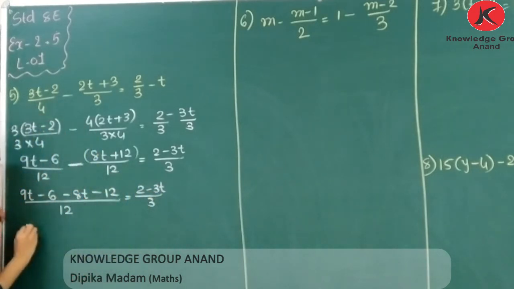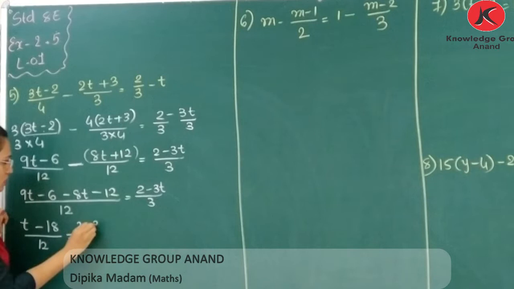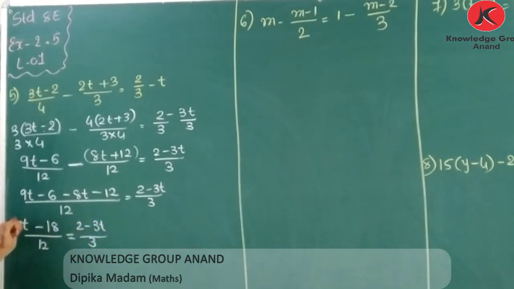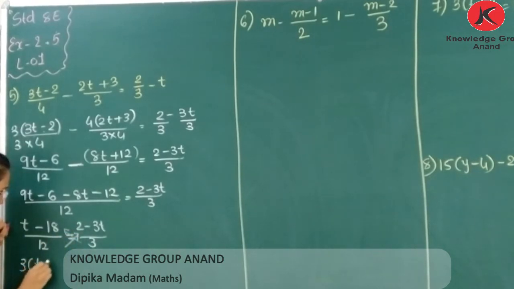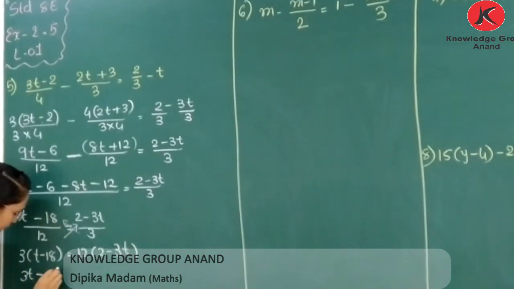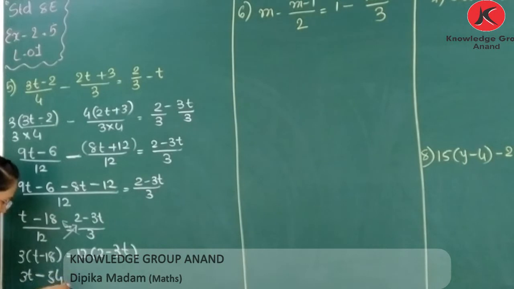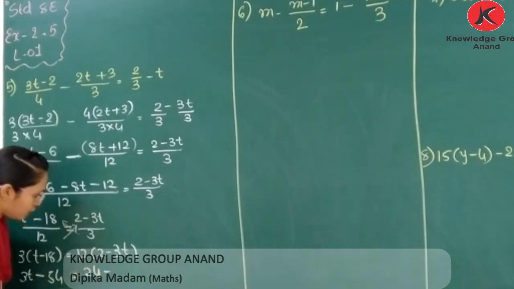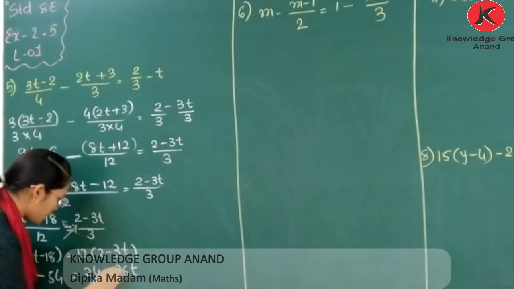Now 9t minus 8t minus 6 minus 12 is minus 18 divided by 12 is equal to 2 minus 3t divided by 3. Now cross multiplication, 3 is multiplied with this term and 12 is multiplied with this term. Open the bracket on both sides, it is 3t minus 54 is equal to 24 minus 36t.